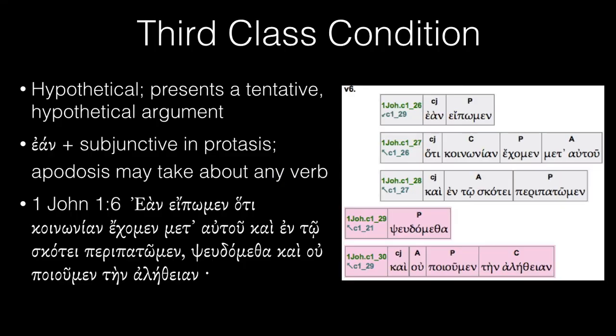And so here you have ean plus the subjunctive. Eipomen is in the subjunctive, and then you have peripatōmen in the subjunctive, and what's being held up here is the hypothetical situation of saying that we have fellowship with him, and yet walking in darkness, right?